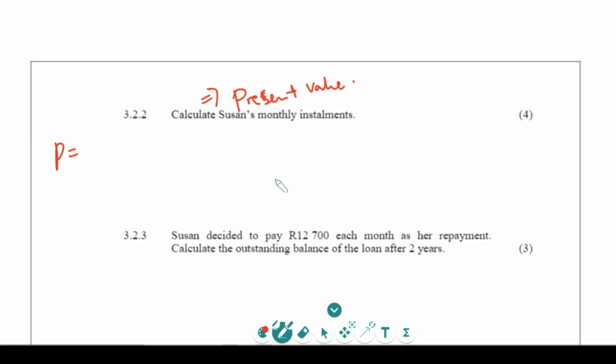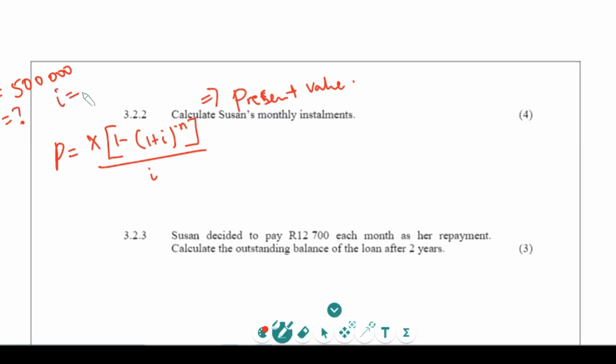So it's X times (1 minus (1 plus i) to the exponent of negative n), divided by i. From this formula, we know our present value. That is the amount that Susan needs to pay up, which is the 500,000, the value of the house. X is what we need.